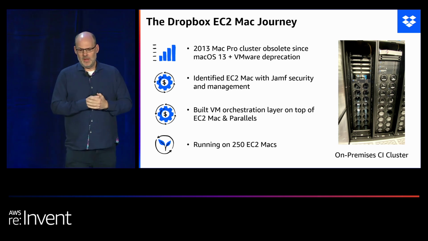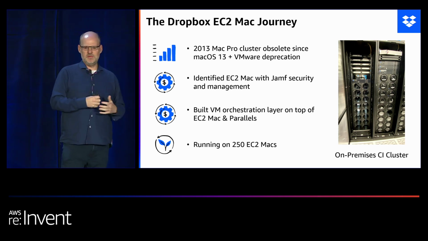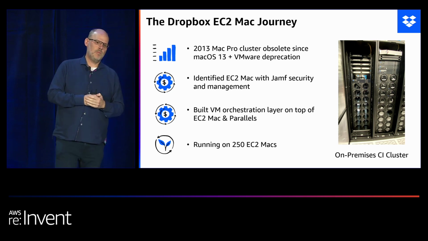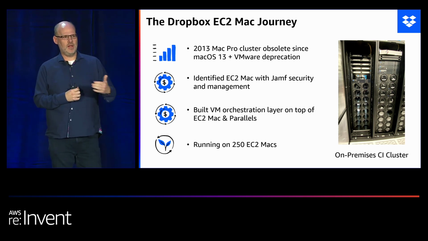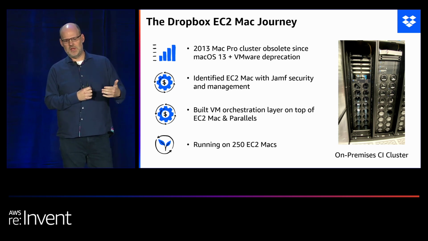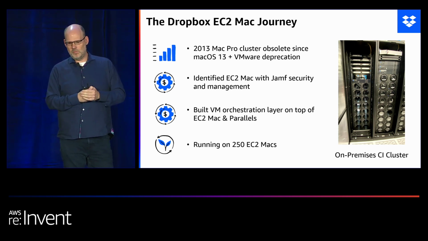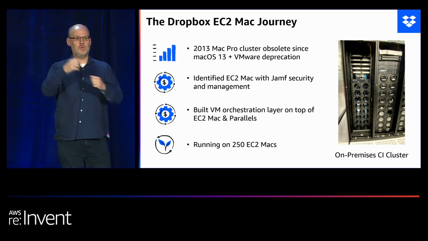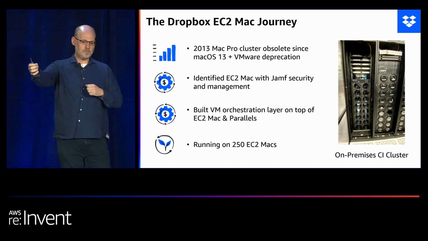All right. And so to address it permanently, we very quickly identified EC2 Mac for its scale as well as its flexibility. And we paired it with Parallels, which is an off-the-shelf virtualization solution, which is adaptable to both local machine laptops as well as the cloud.